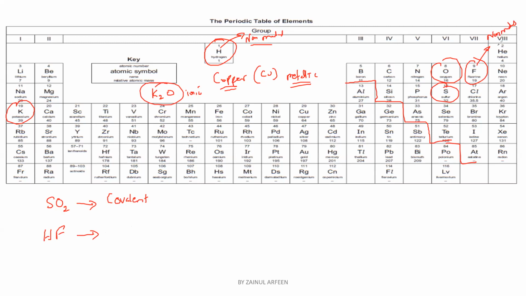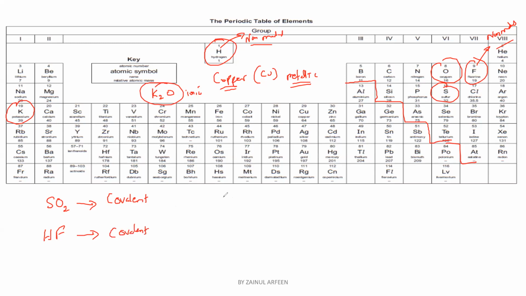So when two non-metals are together, what kind of bonding is there? They will have a covalent bond.